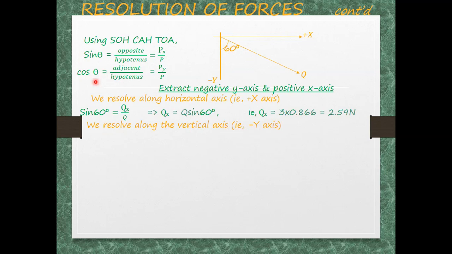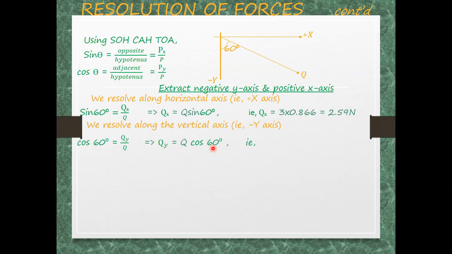So cos theta will take care of that. So cos 60 degrees equals Qy over Q. That implies that our Qy will be equal to Q cos 60 degrees.